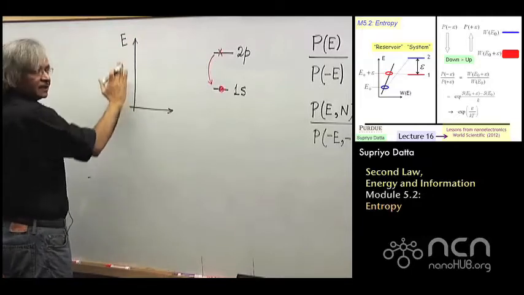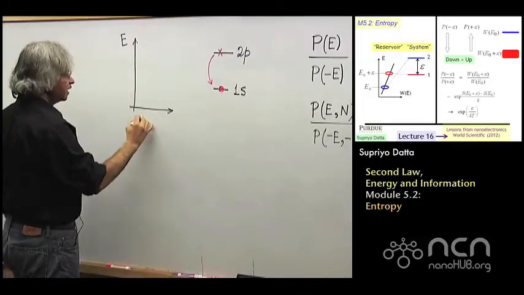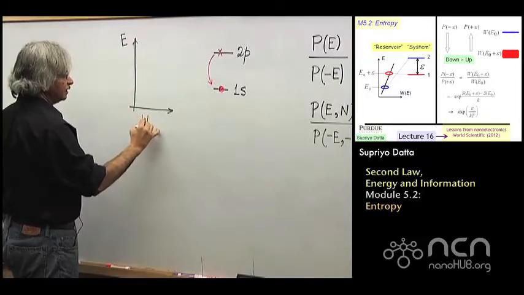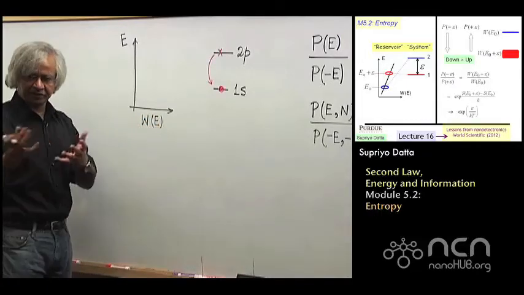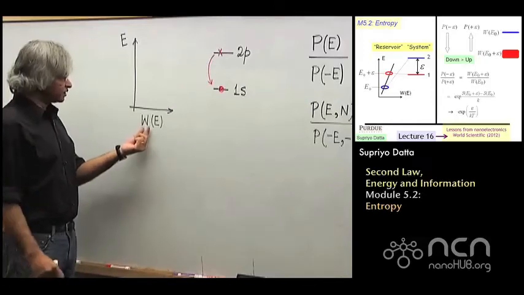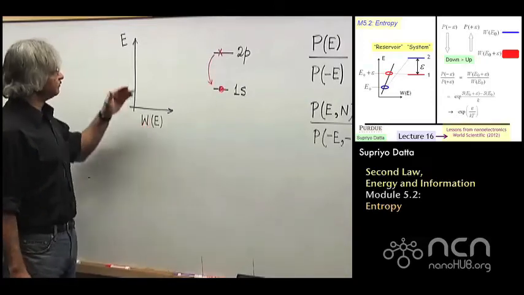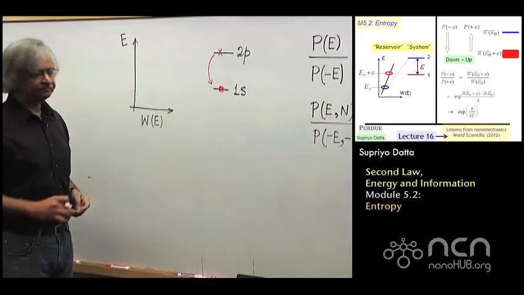So this axis is energy, and here I'll write what I call W of E, and W means the number of states available, sort of like the density of states we had before. So it's the number of states available at a given energy.